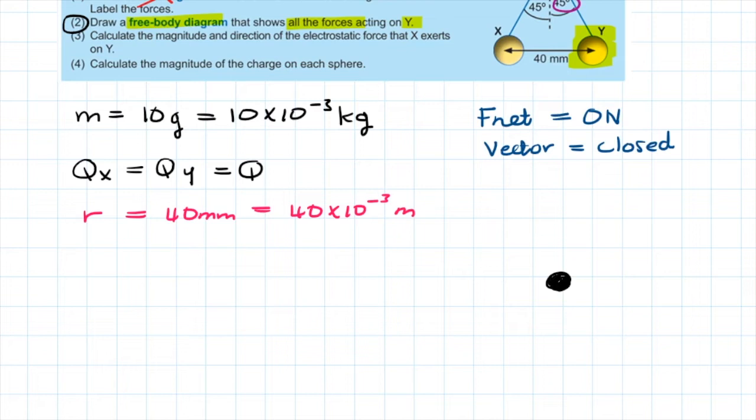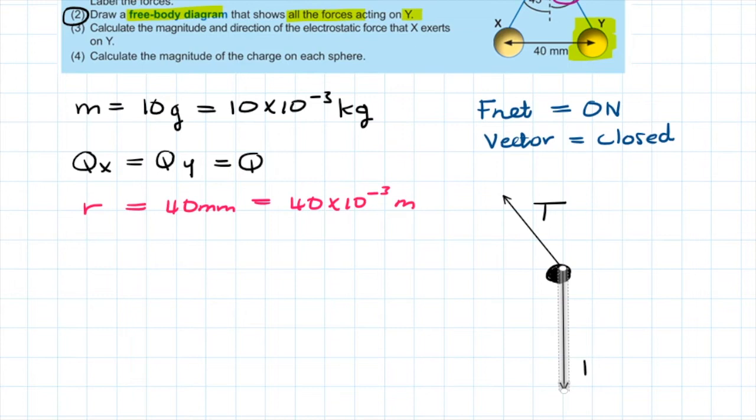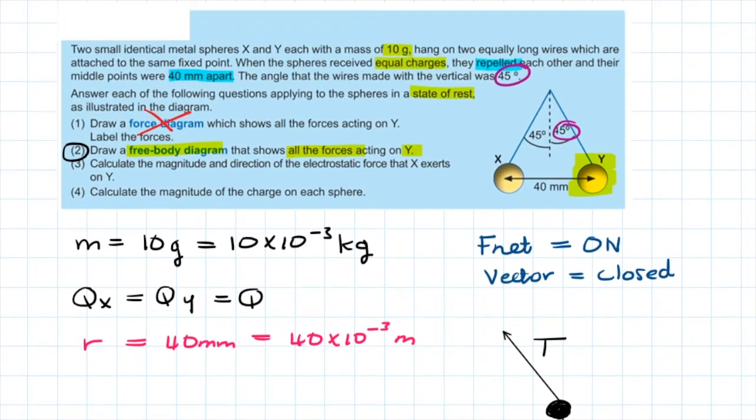We know that there's a wire pulling up on object Y. So we call that a tension force. Object Y has a mass, so therefore there's a gravitational force that the Earth is exerting on object Y. They said to us that the charges are exactly the same and that the two spheres are going to repel each other.